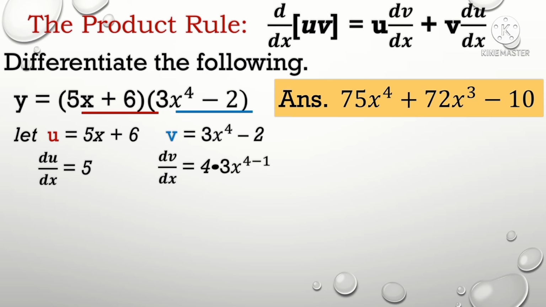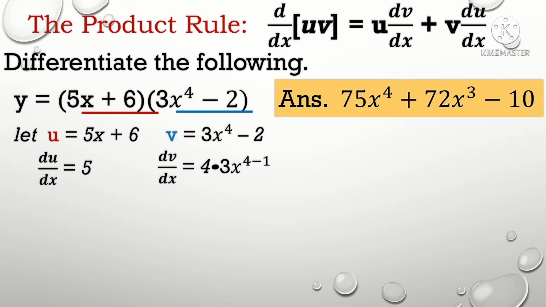And for v, so again, the rules that could be applied in this function is the power rule, constant multiple rule, the difference rule. So then, let's proceed to simplification. So let's have the derivative of the first term, 4 times 3.